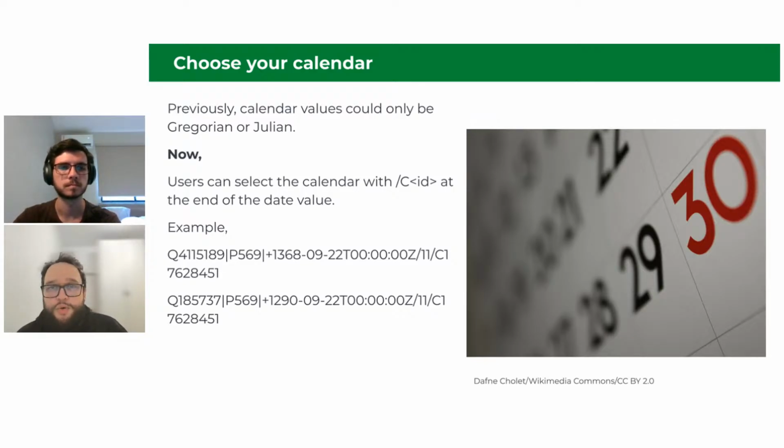Currently, it shows the URL of the calendar, but that is something that we can ask the community for help with, on how to address and solve the problem of defining which calendar, or whatever calendar we want to add to a Wikidata statement.